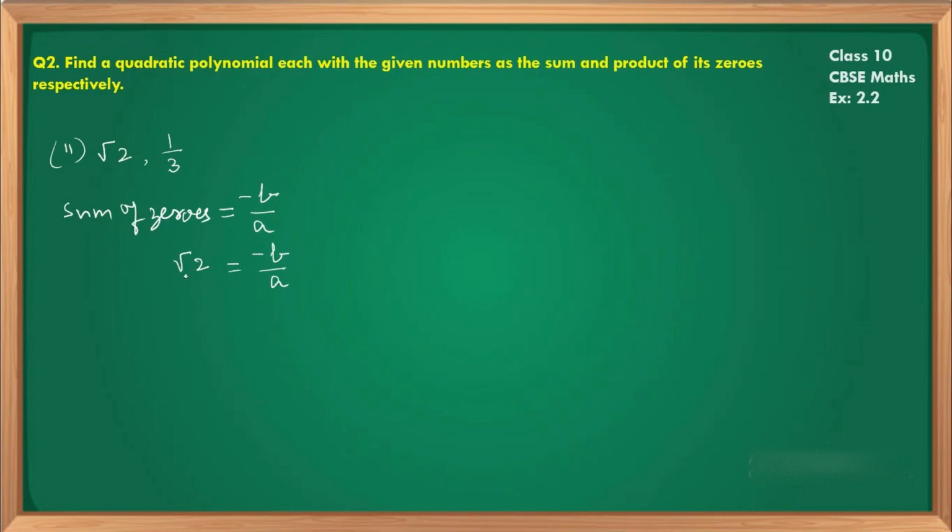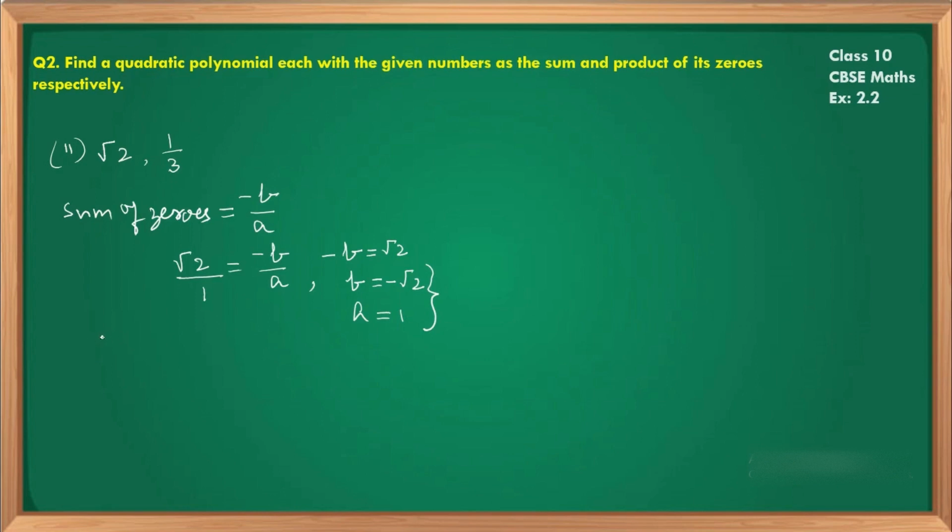In the denominator, you don't have anything, so put 1. Here, the value of minus b is equal to root 2, or b is equal to minus root 2. Then a is having 1 as value. These are the two values of a and b.